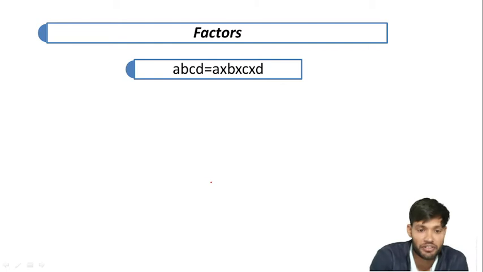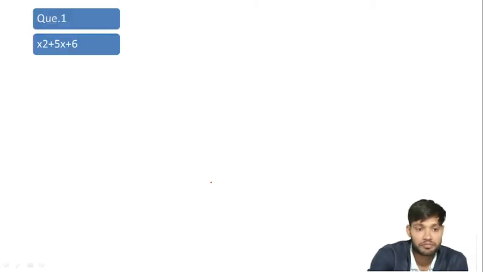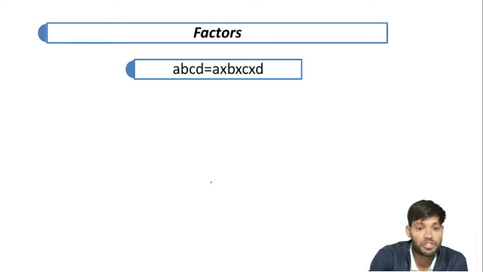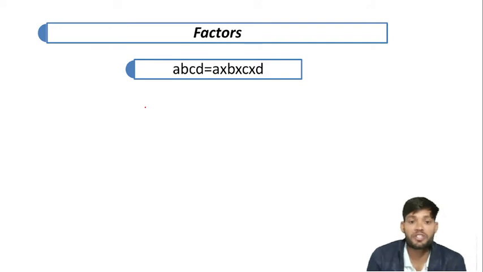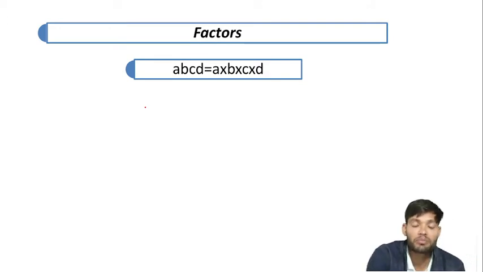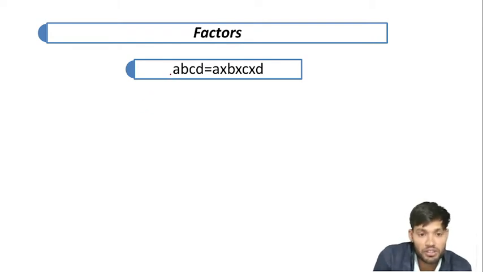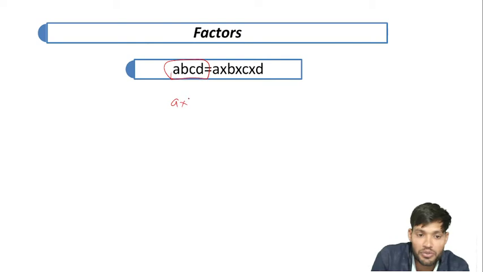Now what is a factor? Factor means that any number or any equation is made up of the multiplication of numbers. For example, a into b into c into d becomes abcd.